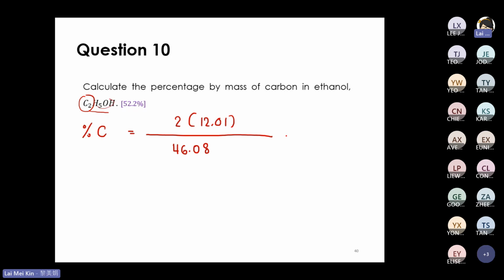So add on everything and then multiply by 100%. So what do you get? 52.13%. Okay, very good. This answer over here is for guidance, so your answer will be more or less that answer.